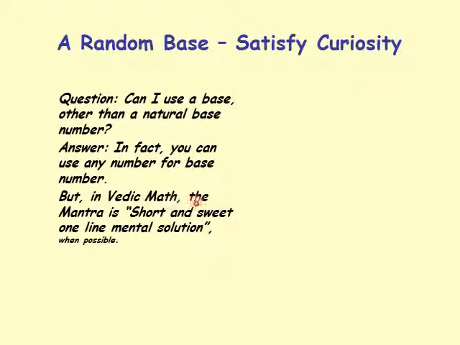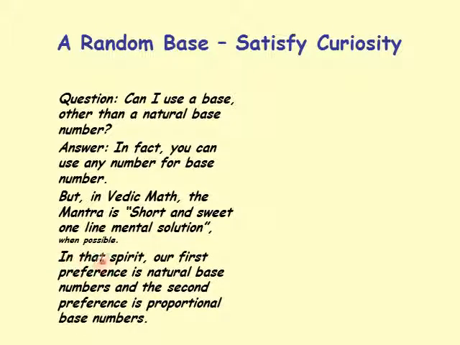But in Vedic math, the mantra is short and sweet, a one-line mental solution when possible. In that spirit, our first preference is natural base numbers, and the second preference is proportional base numbers.